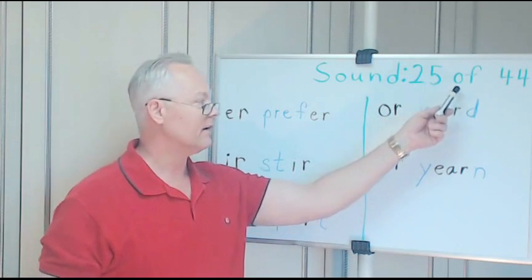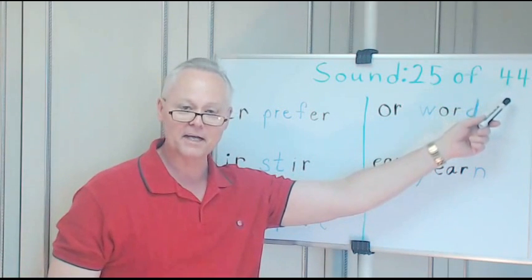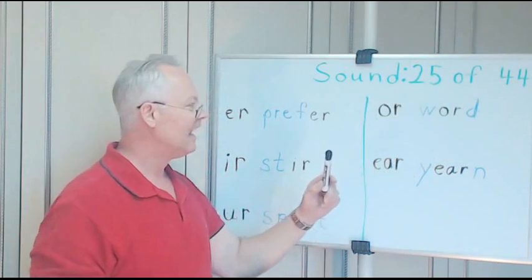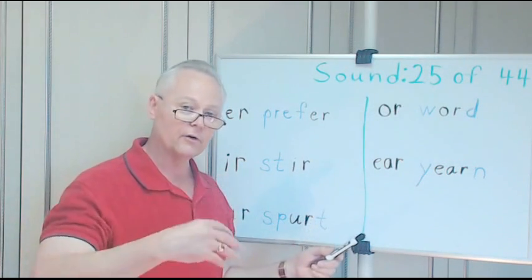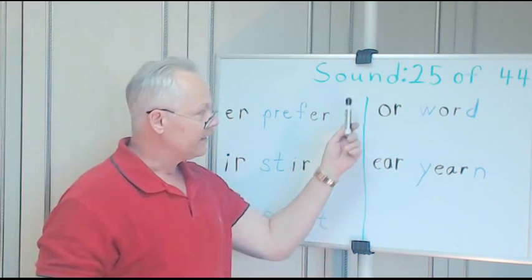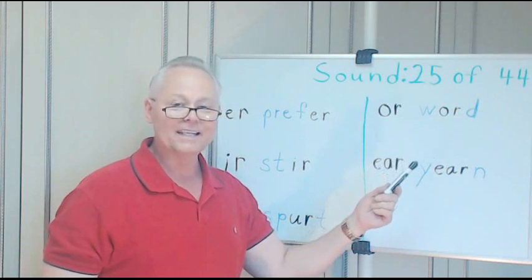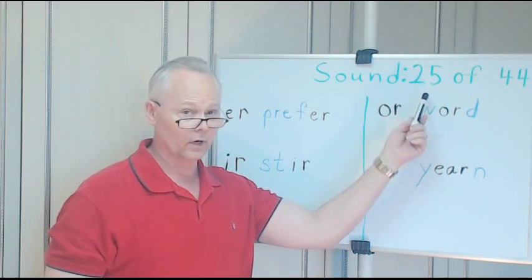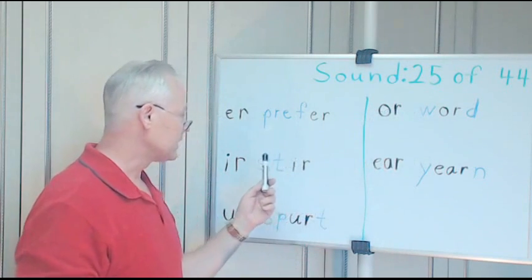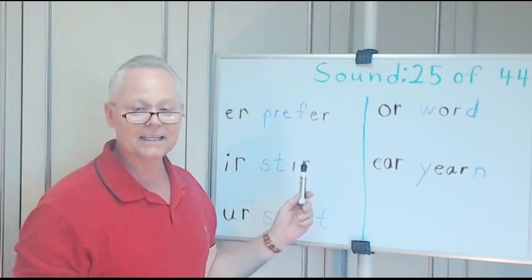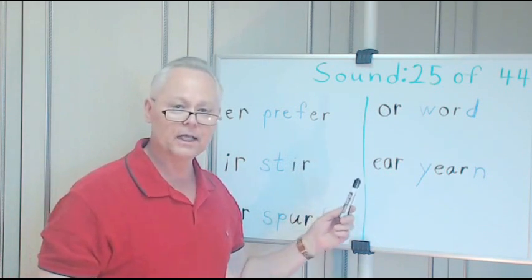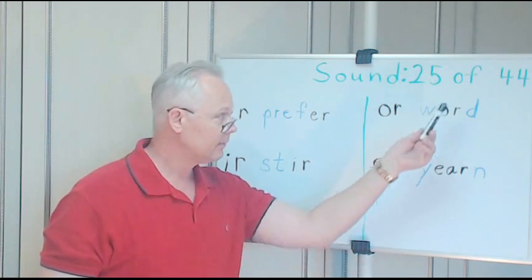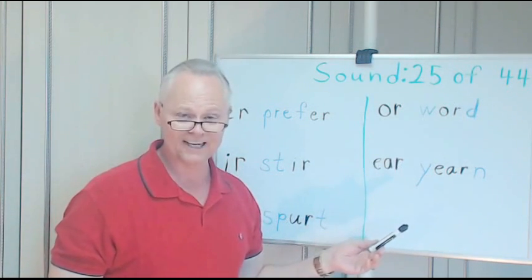Sound 25 of the 44 sounds that make up American English. Now, as I stated in earlier videos, in this 44 video sequence of sounds, the first 24, we're going to focus on consonants and consonant combinations and the sounds they make pertaining to the 44 sounds.